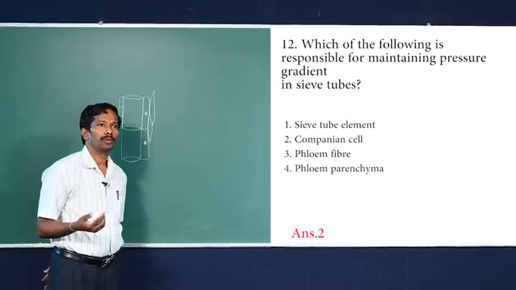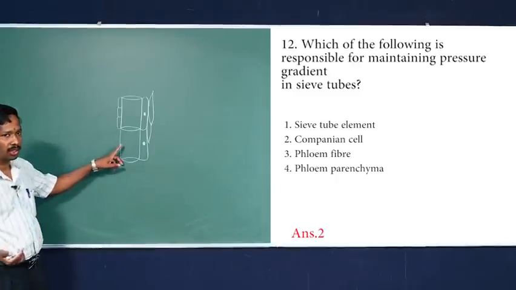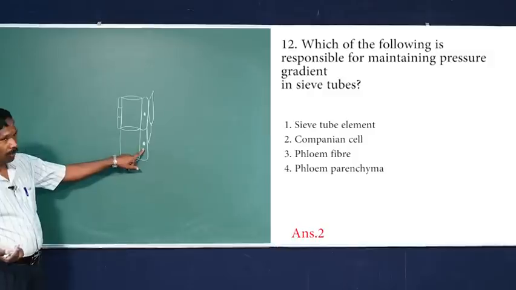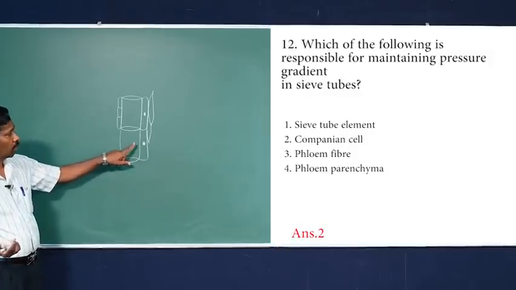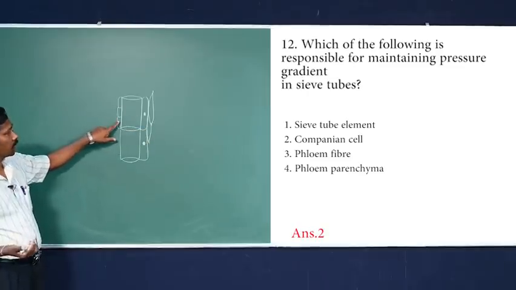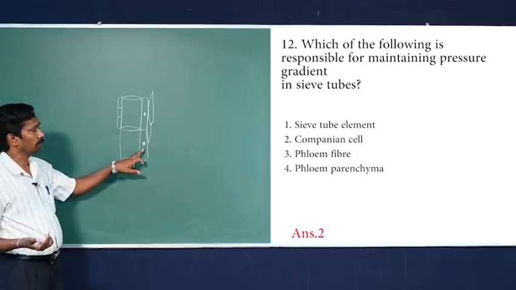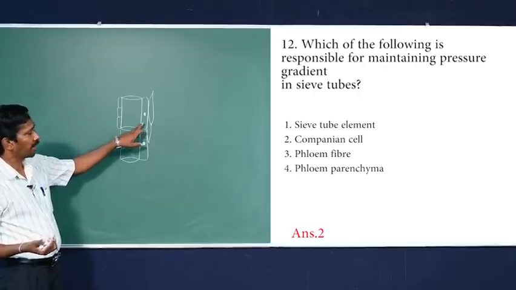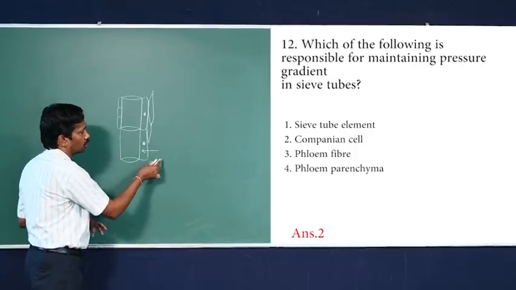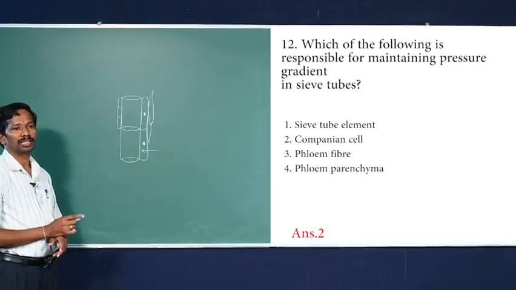12th question. Which of the following is responsible for maintaining the pressure gradient in the sieve tubes? A diagrammatic representation is given. Option 1 sieve tube element, option 2 companion cell, option 3 phloem fiber, and option 4 phloem parenchyma. Of the 4 options, option 2 is the answer, because the companion cell helps in loading food material, sucrose, from mesophyll tissue into the sieve tube element, and the phenomenon is called vein loading.